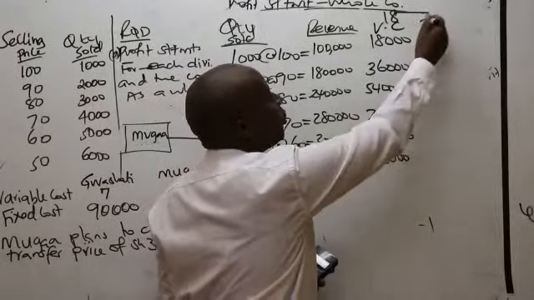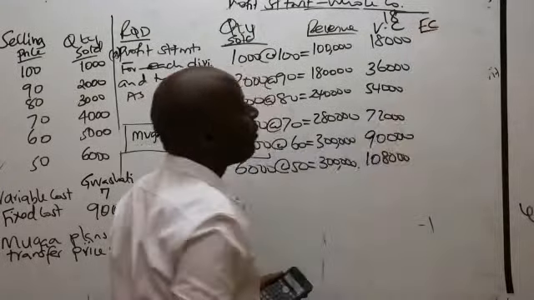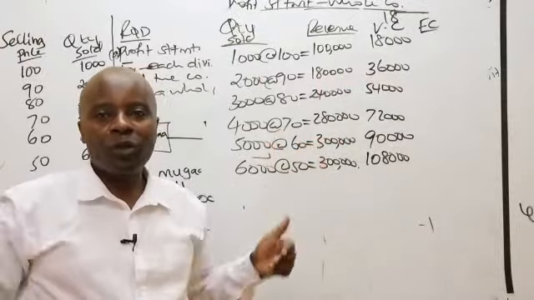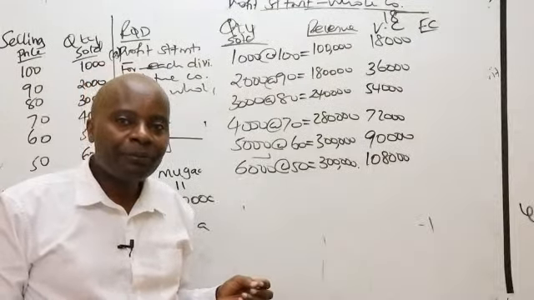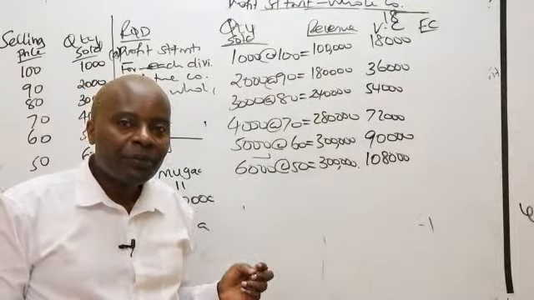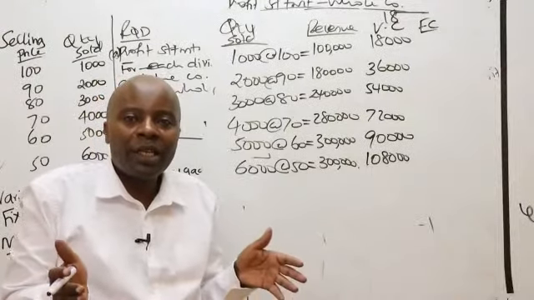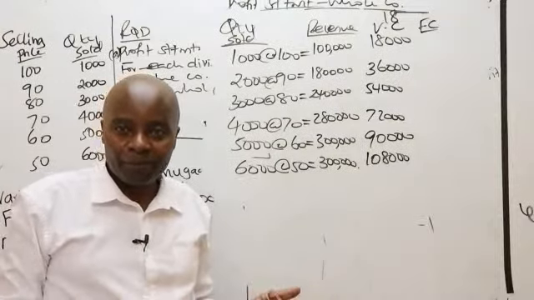From there, you go to the fixed cost of the firm. Fixed cost of the whole company. What do we have there? 150,000. Thank you very much. There is nothing like really thinking, because fixed cost can never have any transfer price in it.